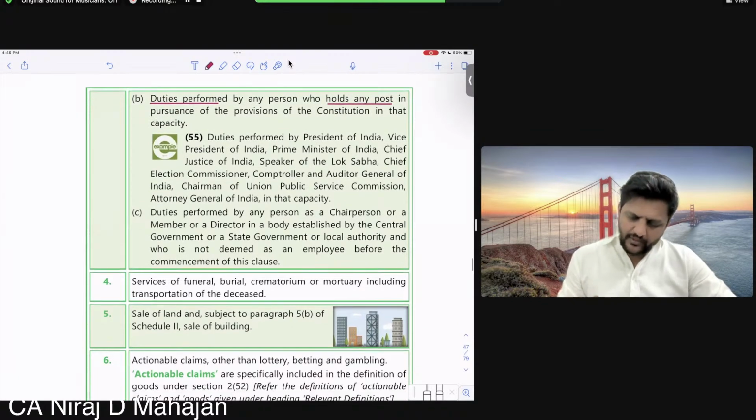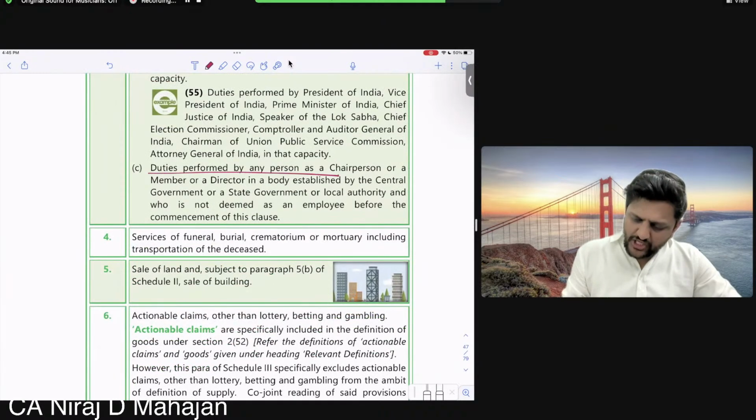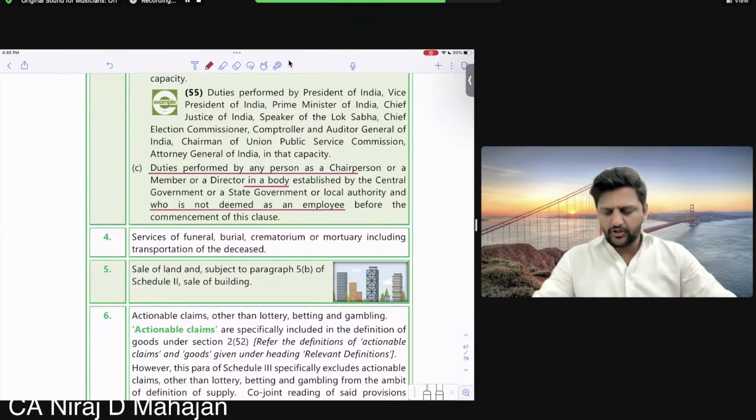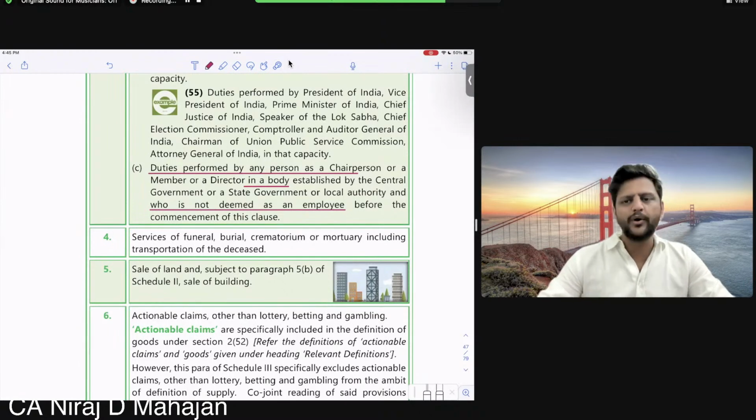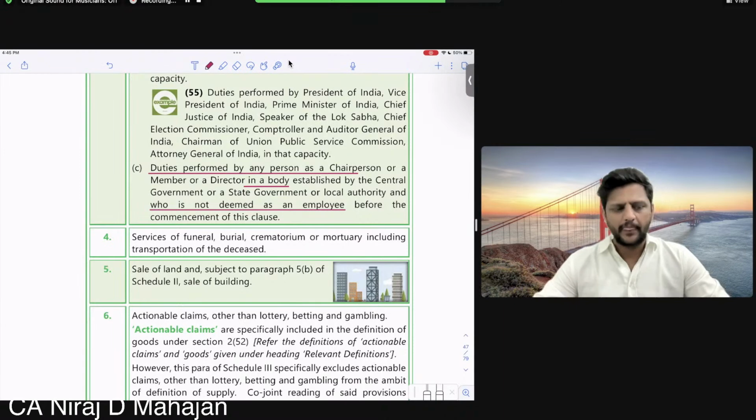Duties performed by any person as a chairperson, member or director in a body established by the CG or SG or local authority, and who is not deemed an employee before commencement of this clause, or who is not an employee. So the chairperson of these bodies, like the chairperson of IEPF or NAFRA, will not be considered as supply of goods or services.